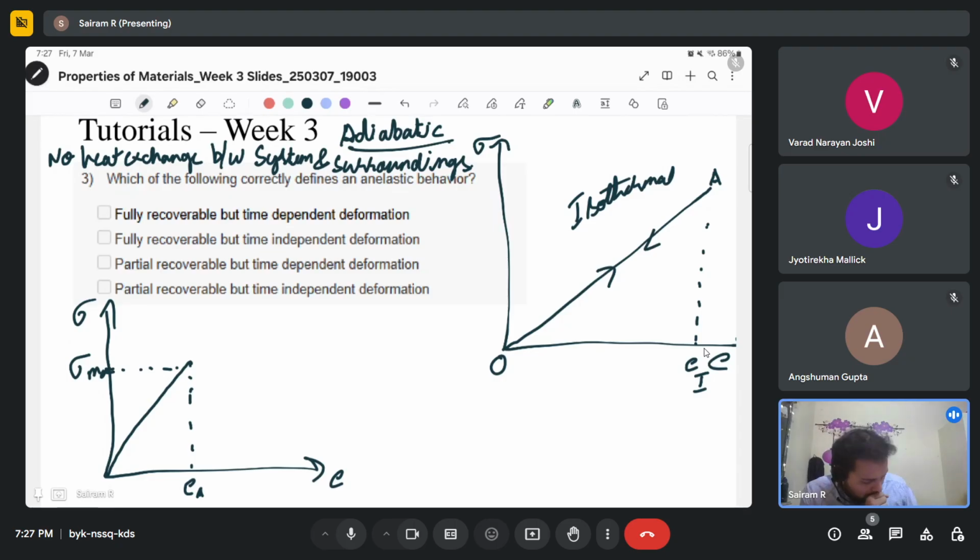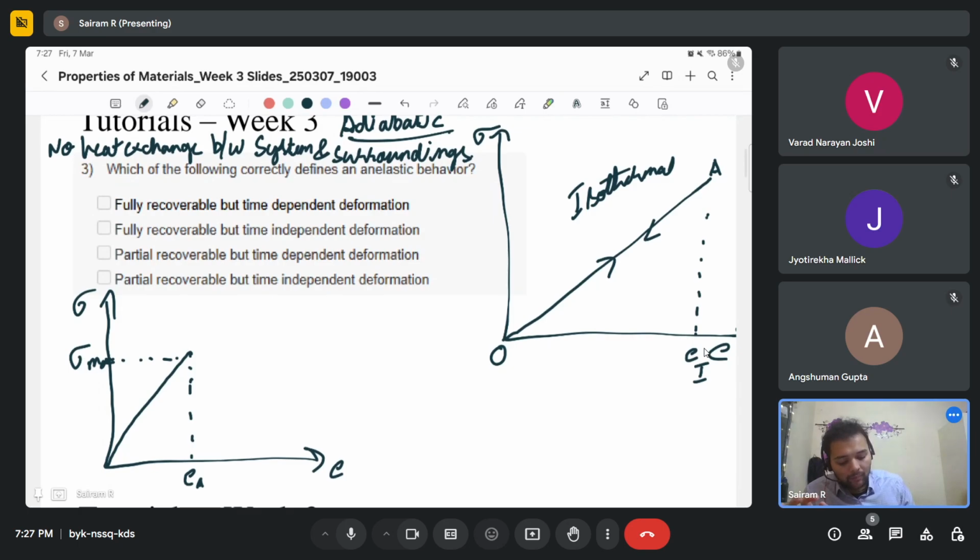Let's say we are reaching a limit of adiabatic strain. And if we let the system equilibrate, or if we don't disturb the system at all, we have applied the sigma max to the system. Let us leave the sigma max as such on the sample.